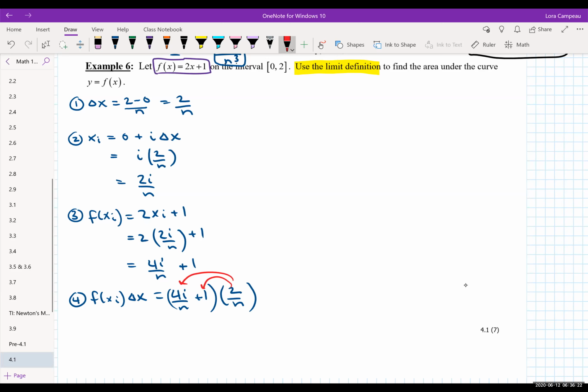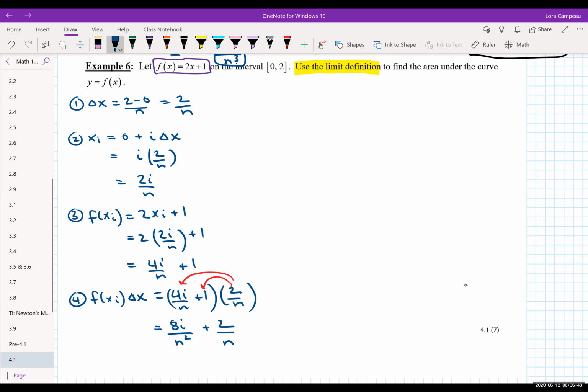I think that if you try to do that within the limit formula, there's already so many other things you're thinking about. It's a possibility to make a minor mistake. So we simplify. 4i over n times 2 over n. That's going to give me 8i over n squared. Now 2 over n times 1, we have plus 2 over n. So we have a sum this time.